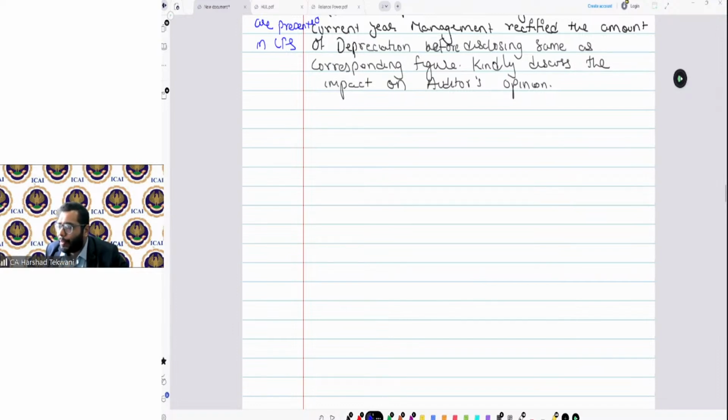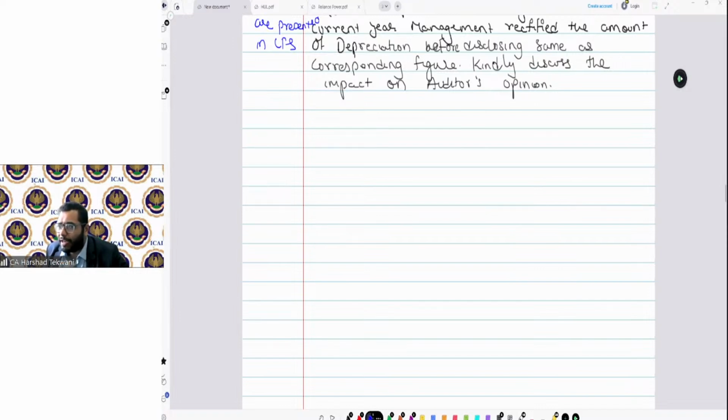Understood. Now, if there is no requirement of modification in the current year, is this matter of such importance that it is fundamental to the user's understanding, or of significant importance?